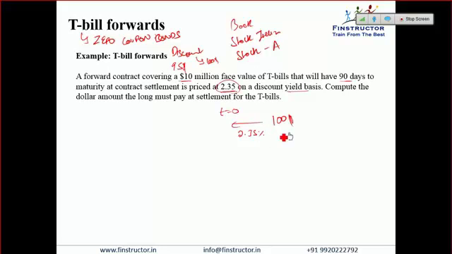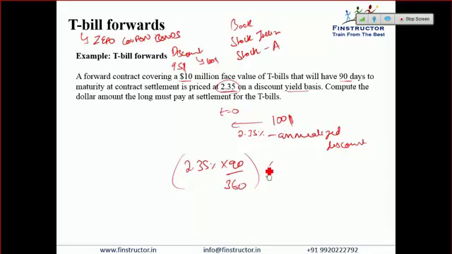If 2.35% is the annualized discount, then what will be the discount for 90 days? It will be 2.35% into 90 by 360. Or the absolute discount would be 2.35% into 90 by 360 into $10 million.